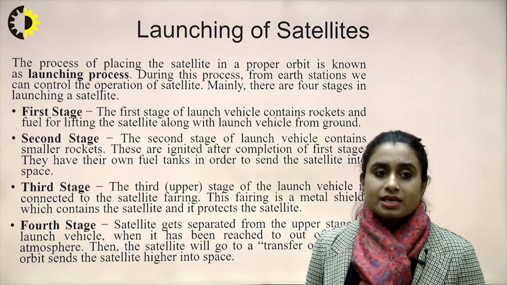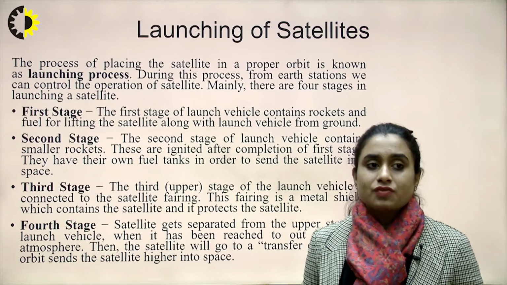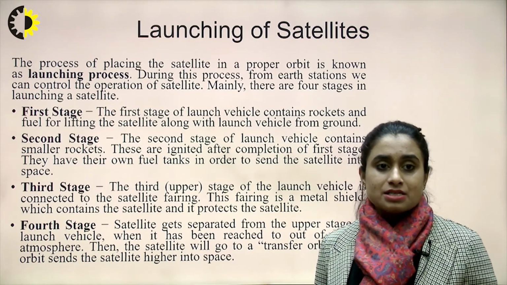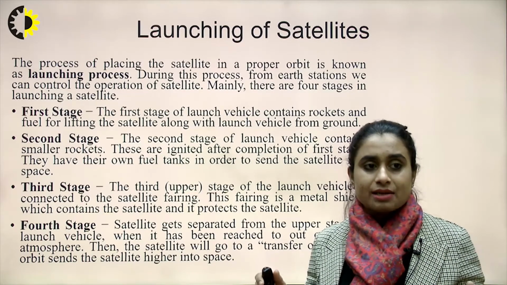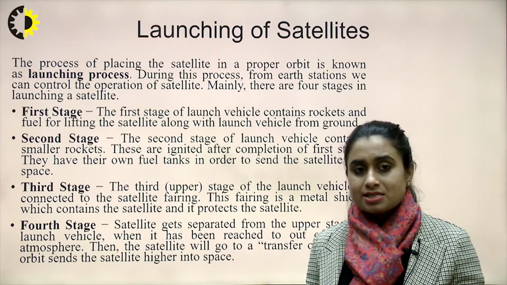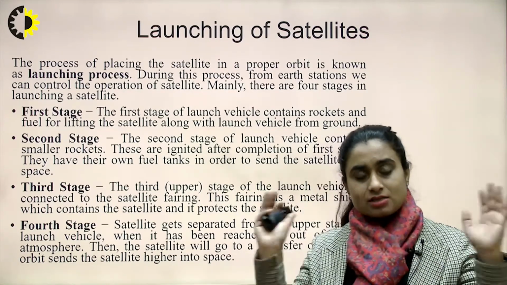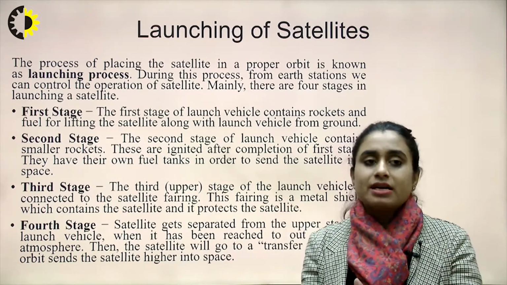Next, the third stage, the upper stage of the launch vehicle, is connected to the satellite fairing. This fairing is a metal shield which contains and protects the satellite. We don't just put the satellite directly into space; it is covered initially.